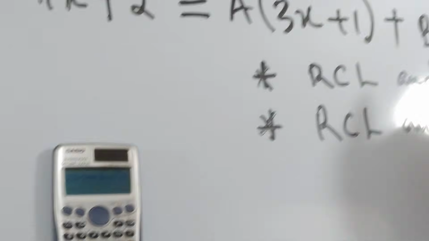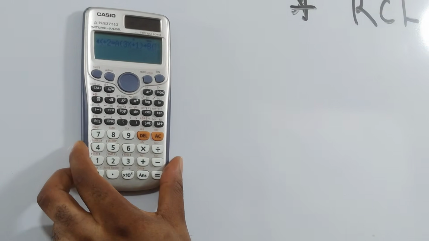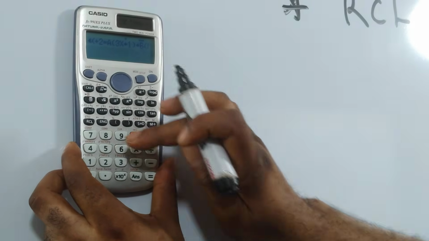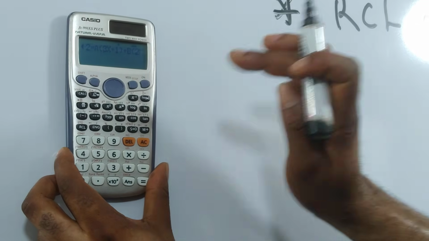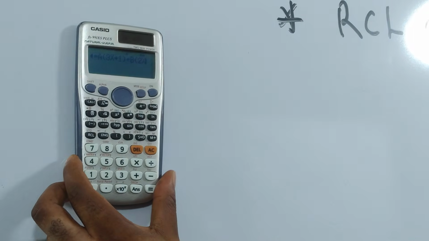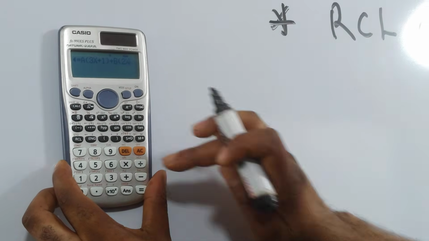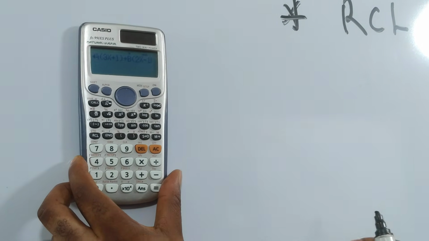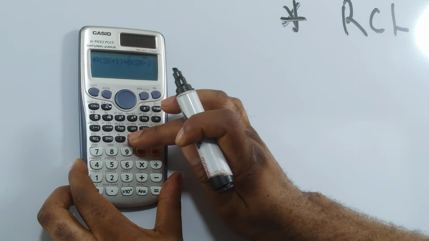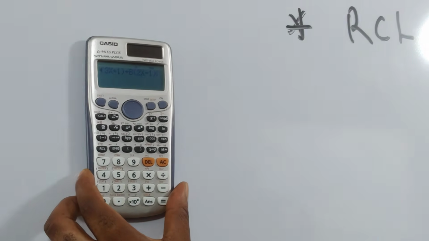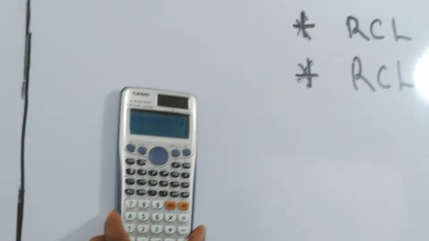Then next is to introduce bracket. I'll punch 2. X is alpha close bracket. Then after that, we introduce minus 1. Next is to close the bracket. Can you observe that it has given us everything that we are looking for here?